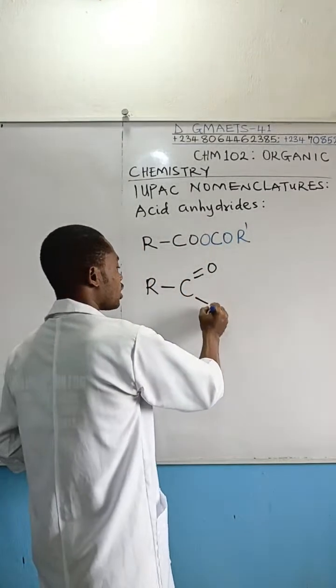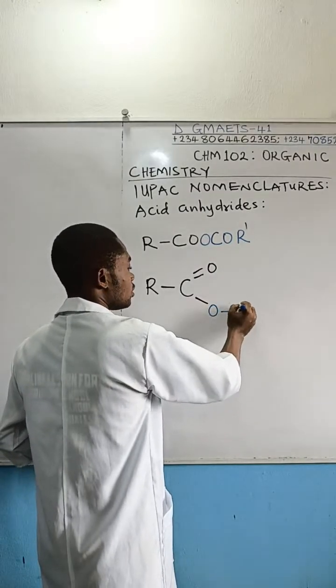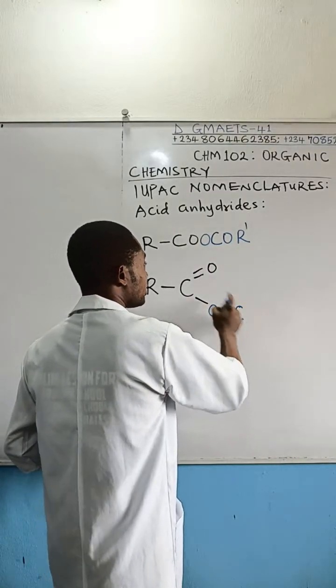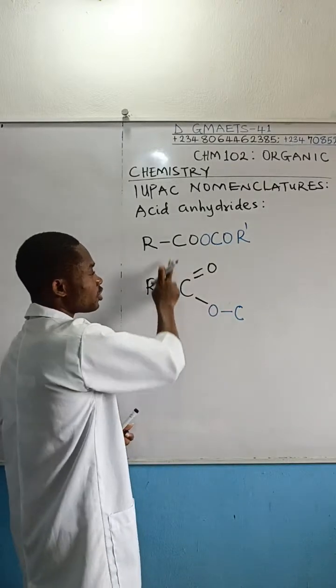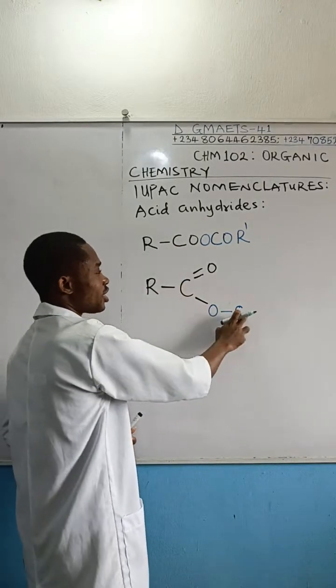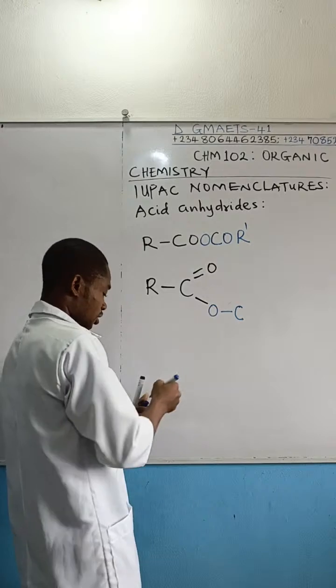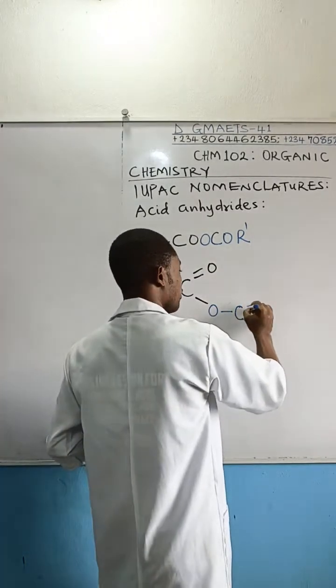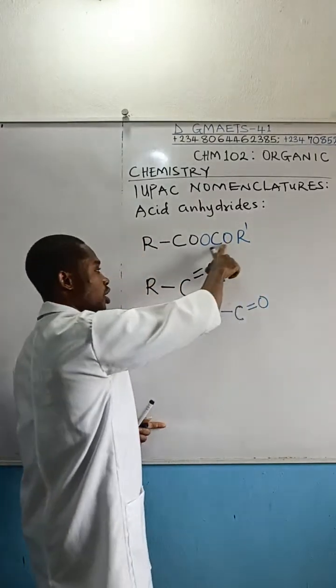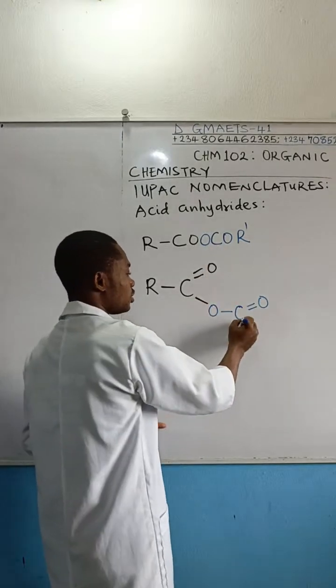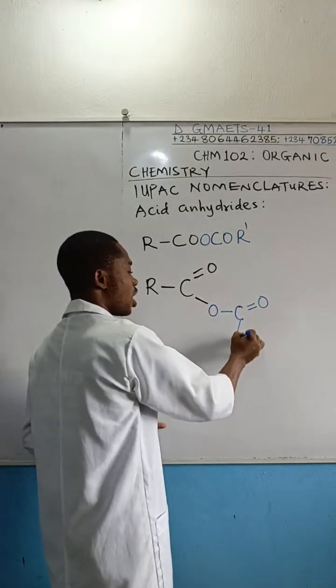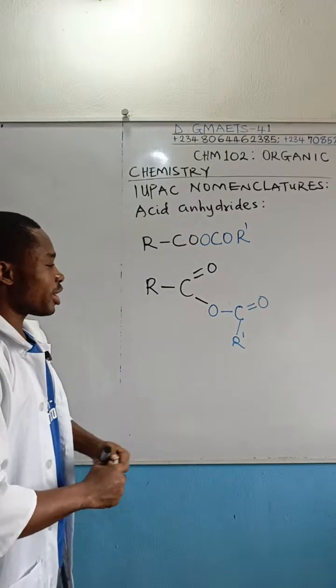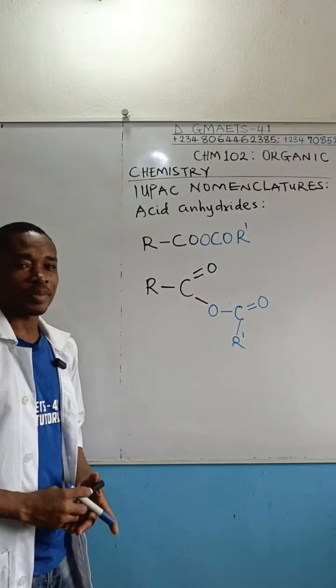So we have something like O, C. And you notice that this oxygen is bonded to this carbon and this other carbon with a single bond. Then from there, you now have this oxygen, which is bonded to this carbon by a double bond. And of course, you have the R prime. So in expanded form, this is the functional group.